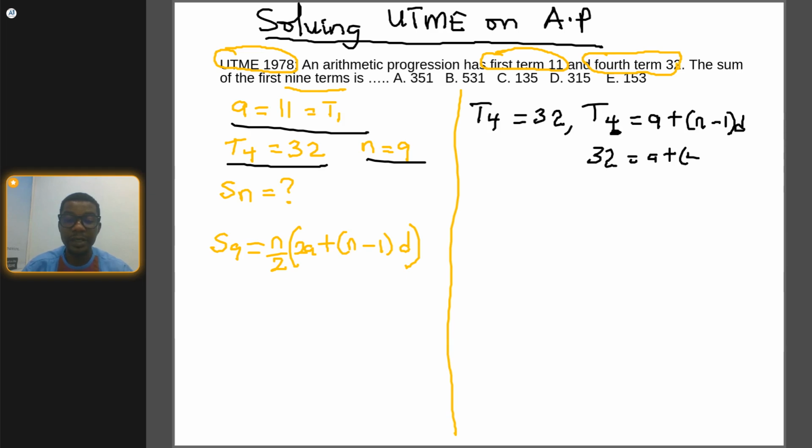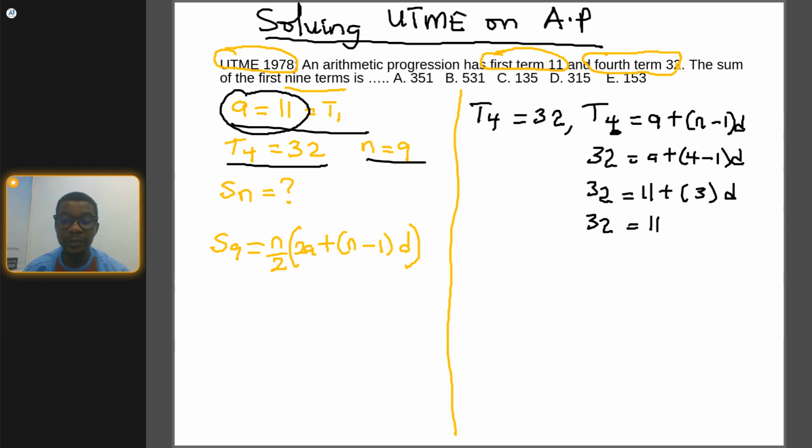So n in the bracket will be 4 minus 1 close bracket d. What is a? The value of a is 11. So we have 32 equals 11 plus open bracket, subtract 1 from 4, we have 3, close bracket d, that is 32 equals 11 plus 3d.